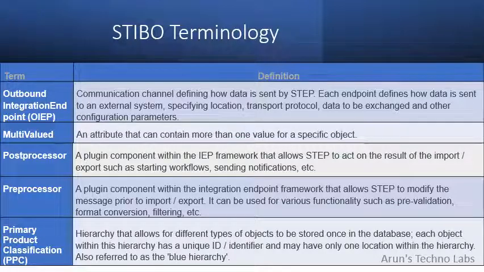Basically, this primary product classification is the main classification, which is a mandatory classification. It has to be there when you're designing any product information management system. It's the main product primary classification, and these are represented in a blue box in STIBO STEP.